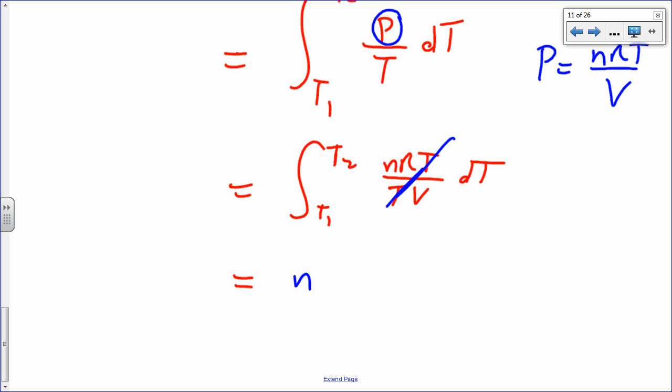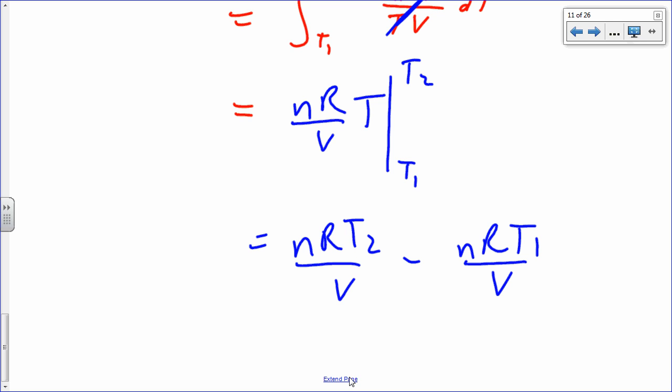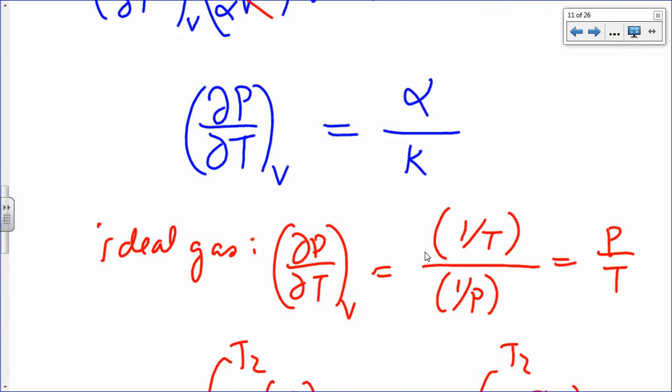So it's just nR over V, integral of dT, just T, evaluated from T1 to T2, which is just nR T2 over V minus nR T1 over V. Of course, we know that that's the answer, right? That's P2 minus P1. Okay? So that's how you'd work that problem out.